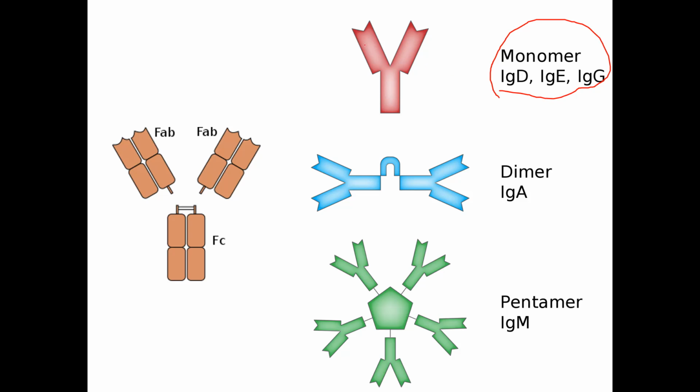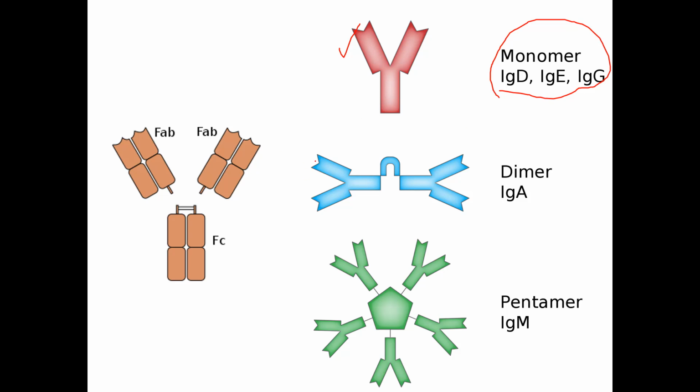IgA exists as a dimer, and IgM exists as a pentamer. On the other hand, the Fab fragment is the fragment which we get after cleavage of the immunoglobulin by the enzyme papain.